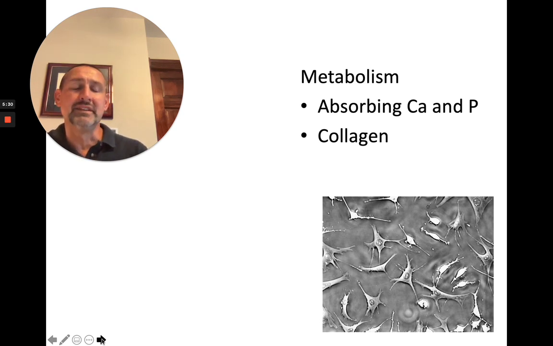Remember that bone is living, so it's made of cells, just like all living things, but it also has these chemical reactions, metabolic processes. One of those processes is absorbing calcium and phosphorus. So bones store calcium and phosphorus. Bones also consist of a matrix that's composed mostly of collagen.